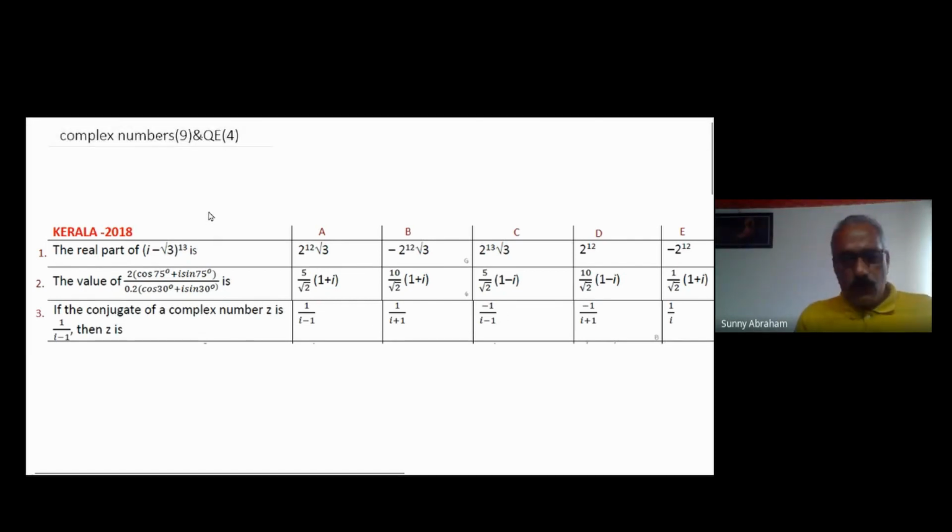Before we start solving these questions in complex numbers, we must know certain standard formulae.